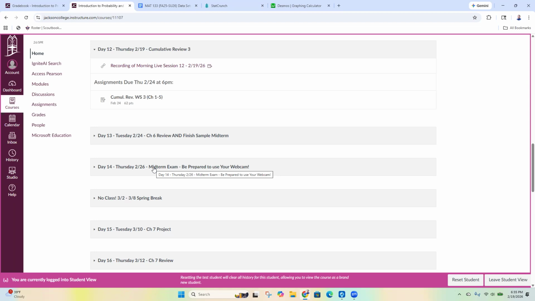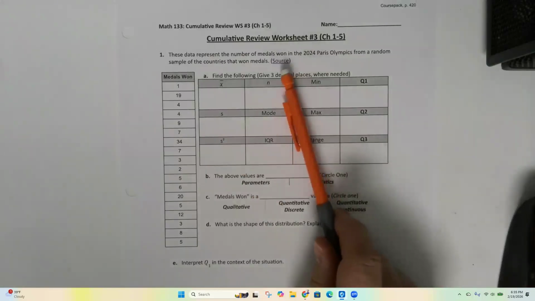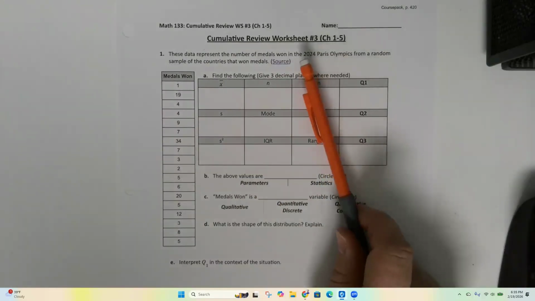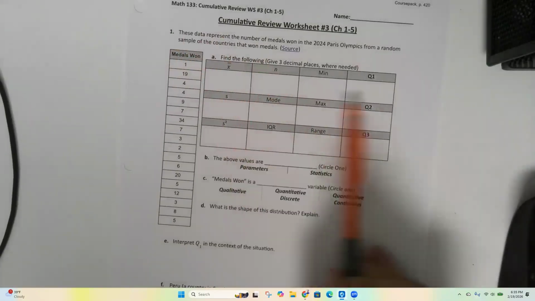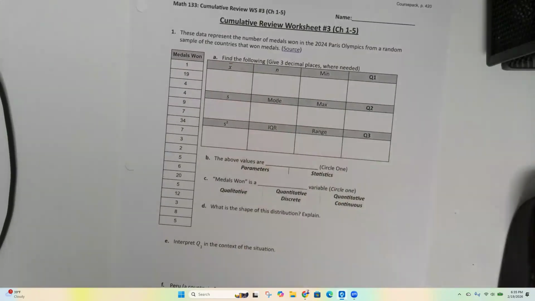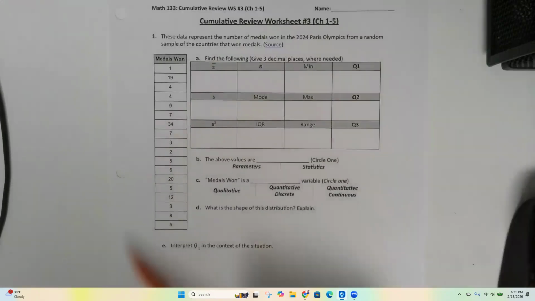How many questions are on the midterm? That's a difficult question to answer, because how do you count these questions? Question number 1 today, on the cumulative review worksheet, part A has 12 different parts, and question 1 goes down to F. So is this one question?